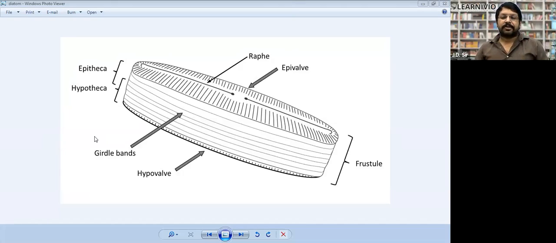Actually, the body structure of diatoms is like a small tiffin box which kids carry when they go to school. So you provide them a small tiffin box, and they look like this tiffin box.